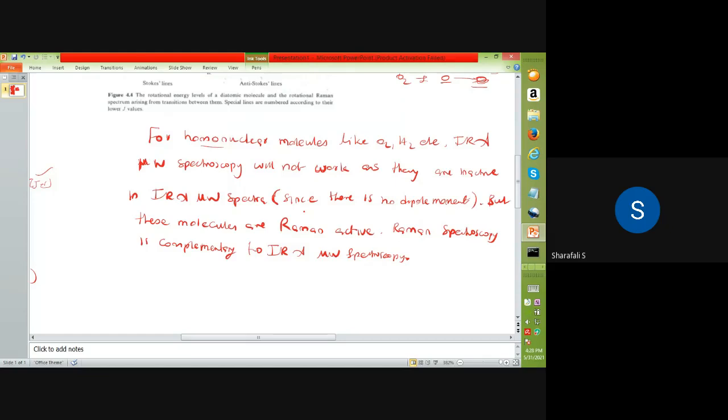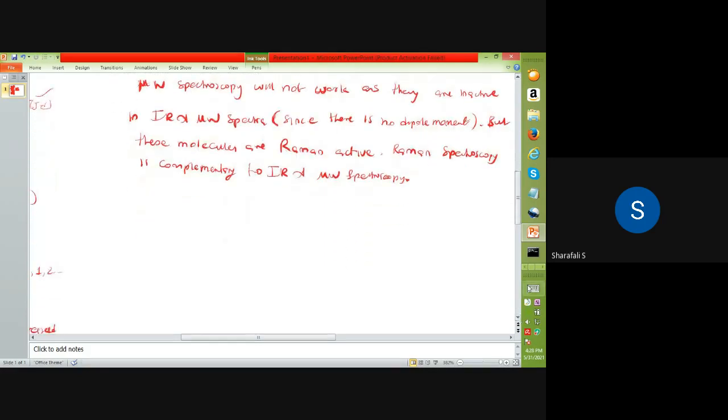One more point: rotational Raman. That is nothing but the spectra of molecules with a center of symmetry.